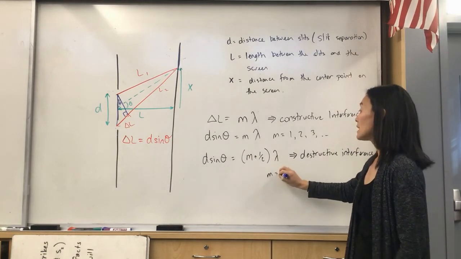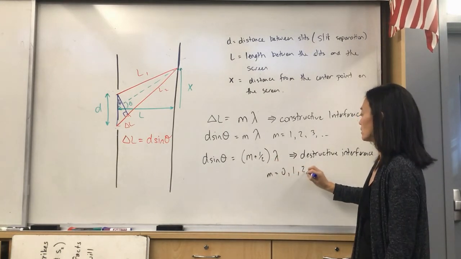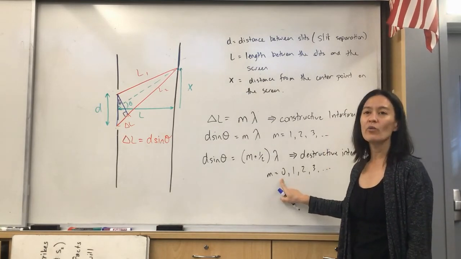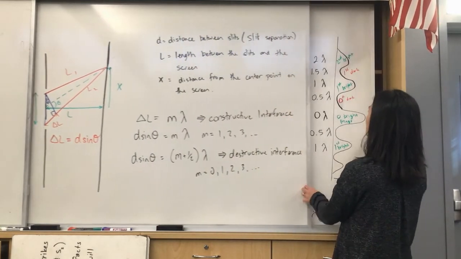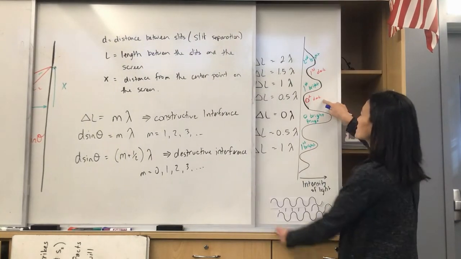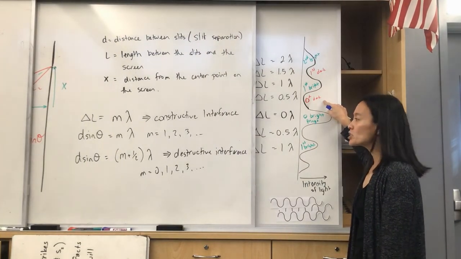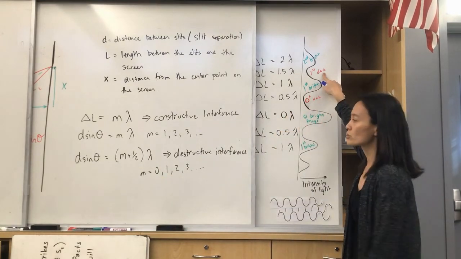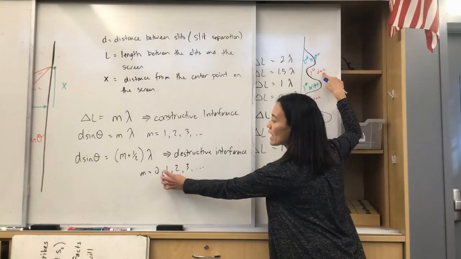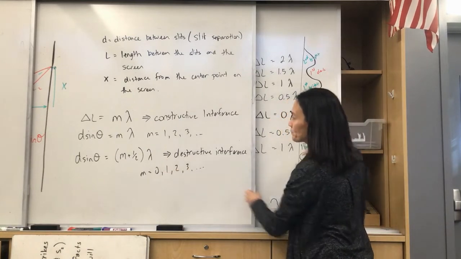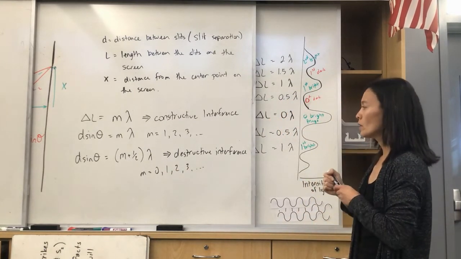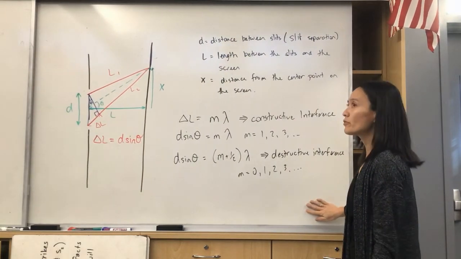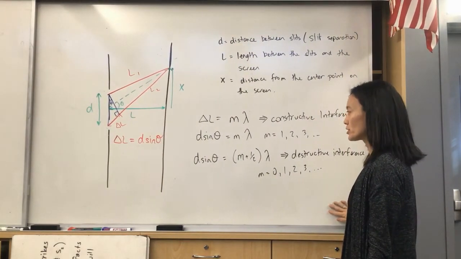And again, here the counter m starts at 0. This is coming back to why, when I modeled it, this is the 0th dark fringe because my counter starts at 0. And then this is my first order dark fringe because at that point m is equal to 1, and then continuing on, okay?